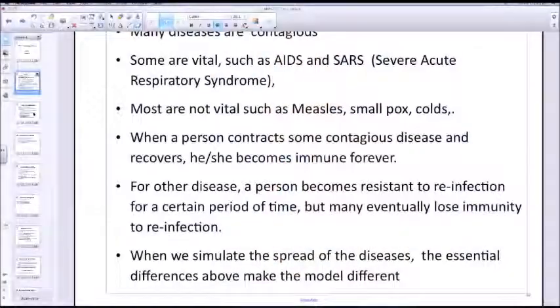So when we model and simulate those diseases, different diseases will make different models, depending on those facts, such as fatal or non-fatal, and whether people lose immunity or never lose immunity.